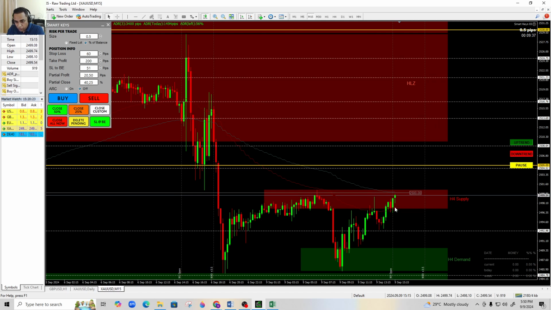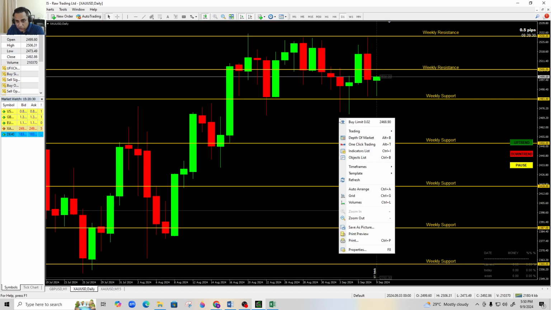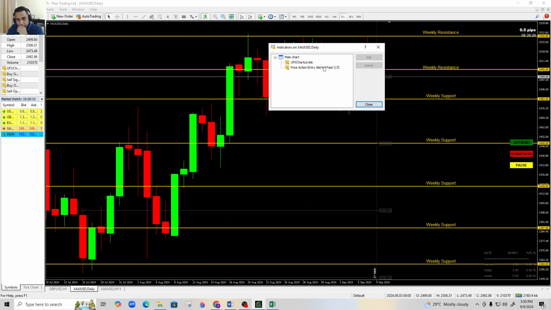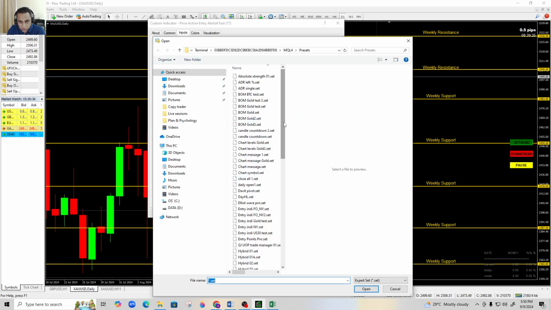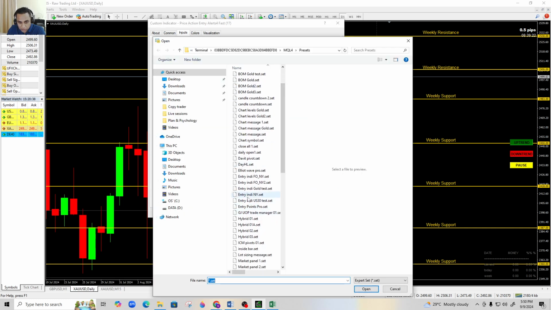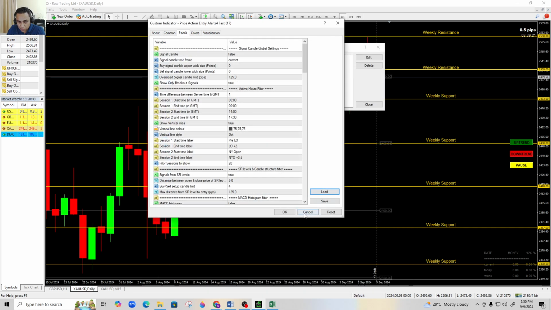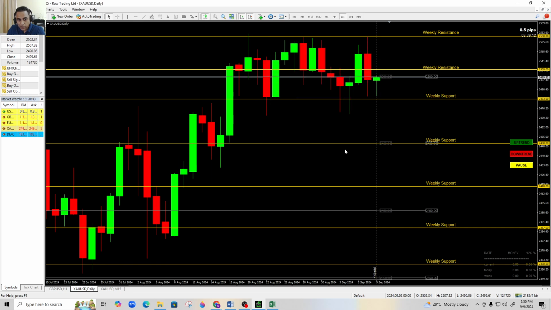So what I've done is the same indicator, I have it on this chart here, the exact same indicator. Let me just load the correct entry in DNY. Okay, that's the exact same indicator, right?